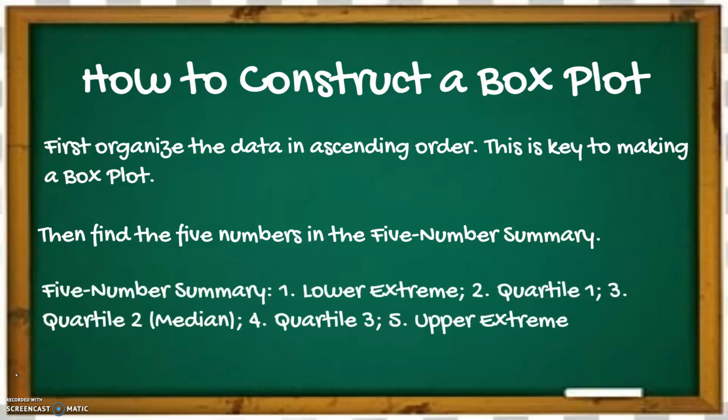And those 5 numbers are the lower extreme, quartile 1, quartile 2, also called the median, quartile 3, and then upper extreme. Now, you don't have to find them in that order, but those are the 5 numbers that we will find in order to complete the 5-number summary.